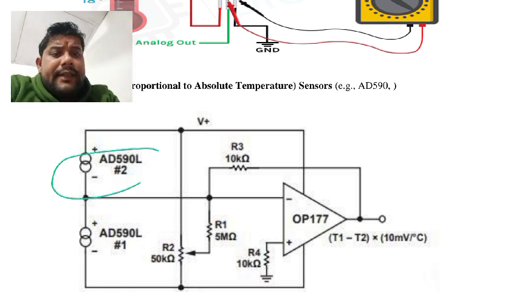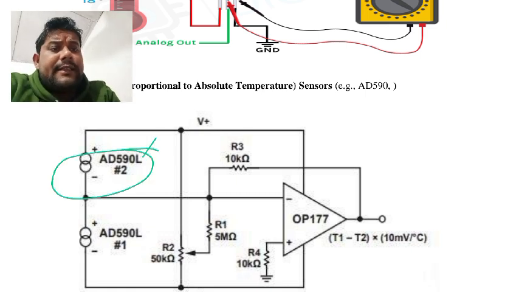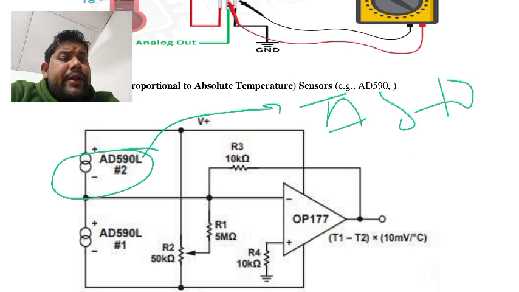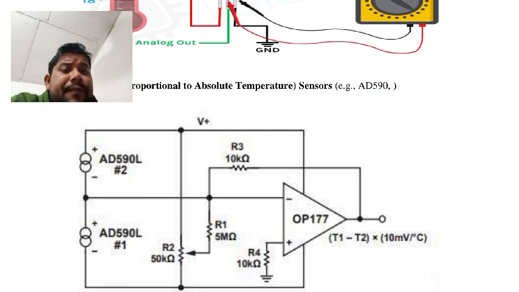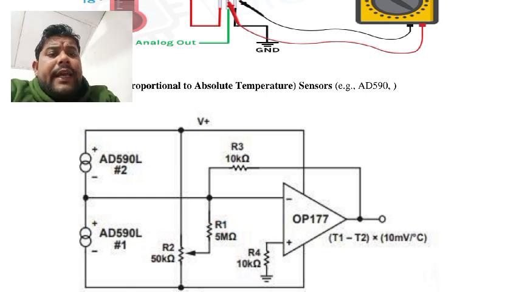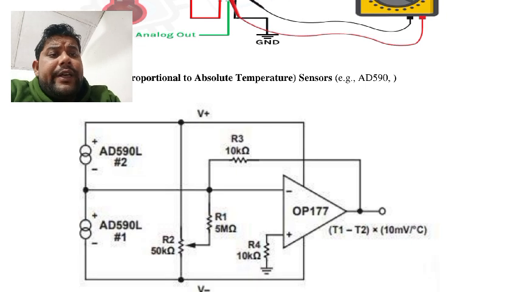This IC changes the absolute temperature sensed by the sensor to an output voltage. So suppose this is the air temperature, then it creates voltages, and that voltage is shown here in terms of some voltages.